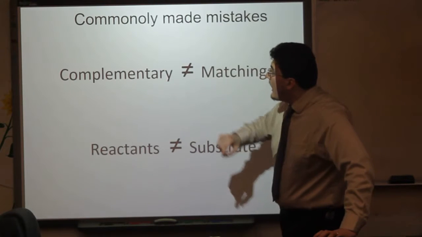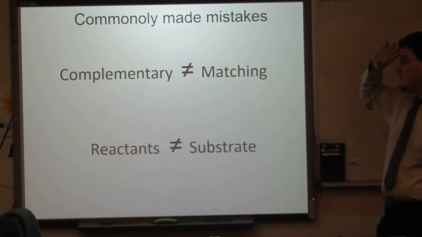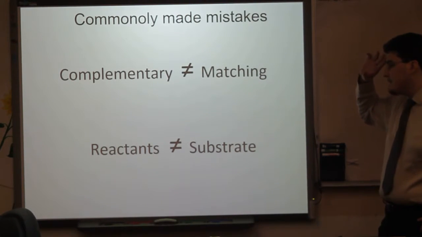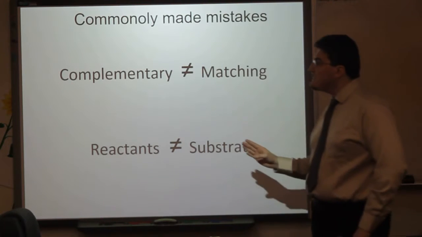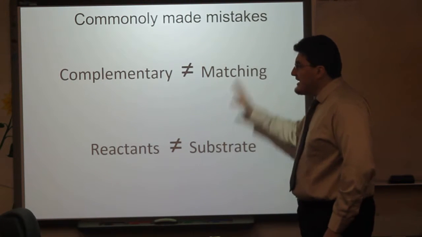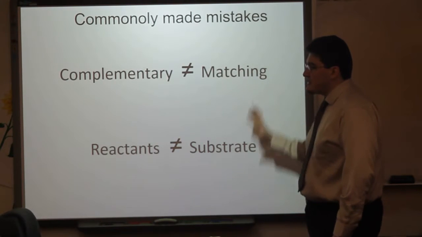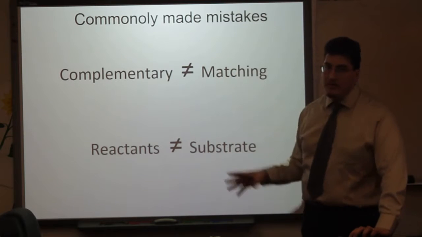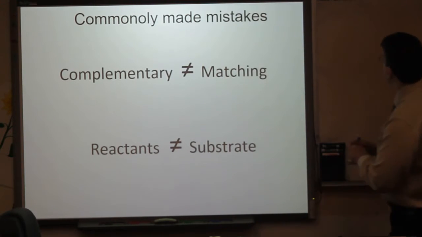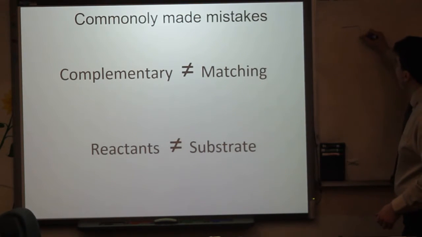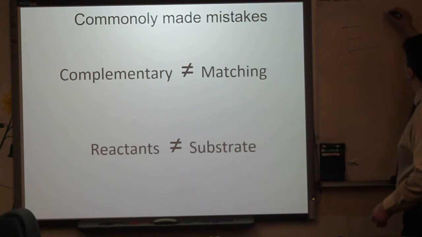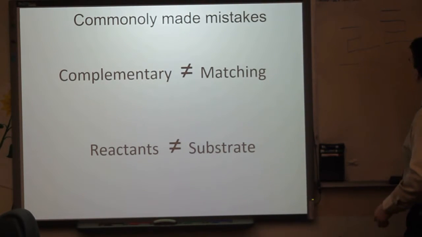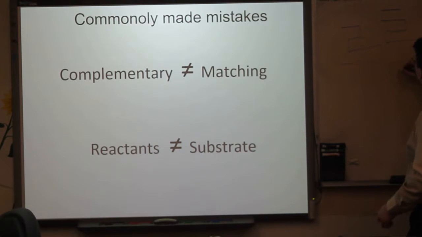Now, I need to make a statement about some common mistakes. Complementary is not the same as matching. They are absolutely not the same. Complementary would be when you have this matches with this, all right?